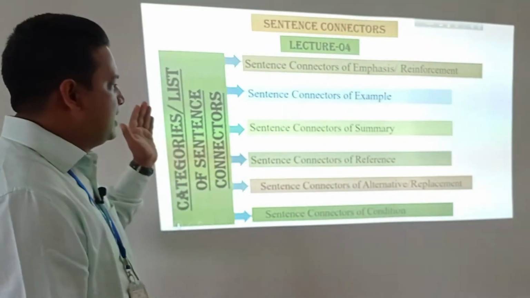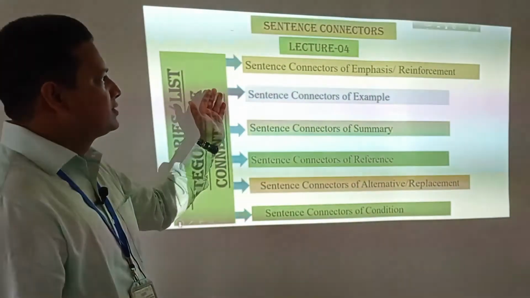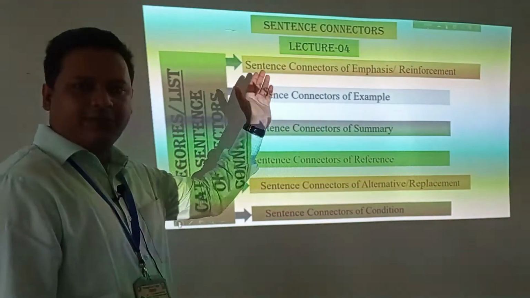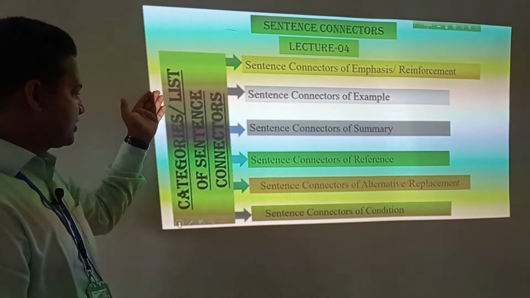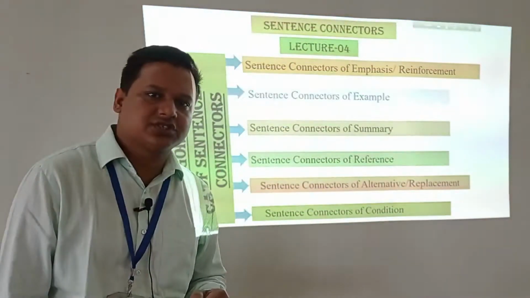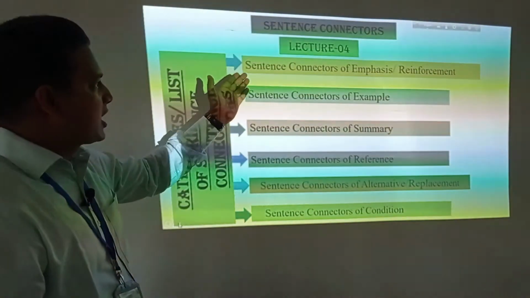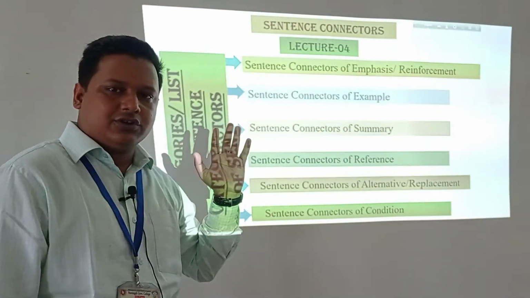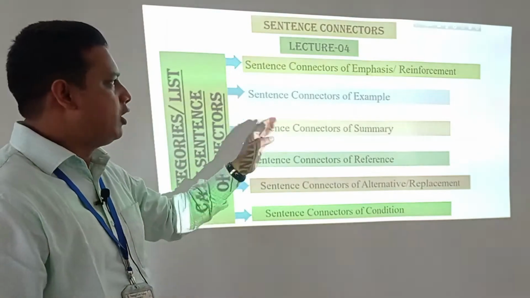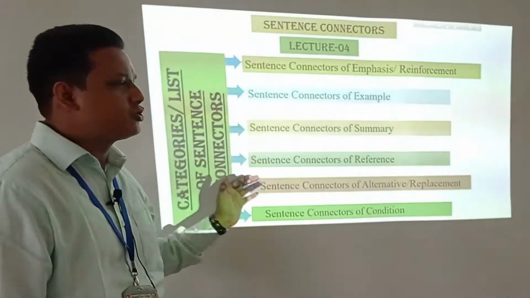Dear students, at first I will tell you about the outline of lecture 4. Today I am going to talk about different categories or list of sentence connectors. I will also give you some examples on these types of sentence connectors.